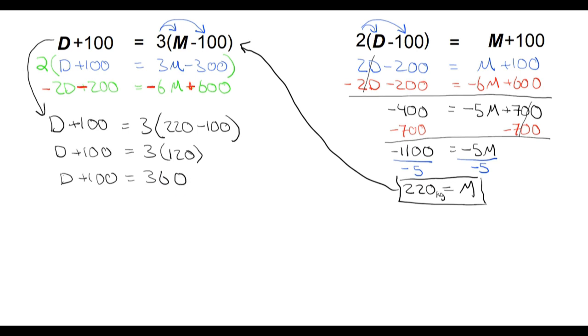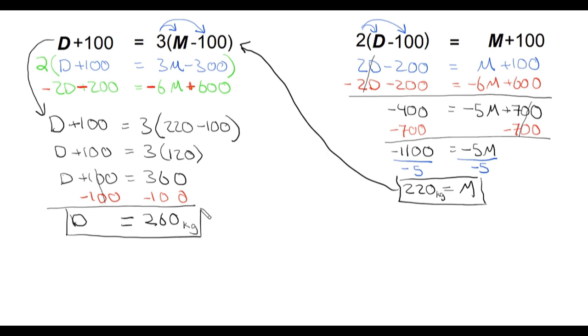And now, to get that d by itself, I need to subtract 100 from both sides. And when I do that, I end up with d, 100 minus 100 cancels, is equal to 360 minus 100 is 260 kgs. So I've now found how much the donkey was carrying.